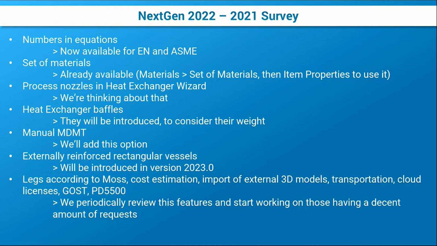And as for other things that are asked from time to time, like legs according to MOS, cost estimation, import of external 3D models, transportation calculation, cloud licenses, other calculation codes like GHOST or PD 5500, we are periodically reviewing these features, and as soon as we have a decent amount of requests from our customers, and we are confident that they can have traction with our customers, then we decide to implement them.